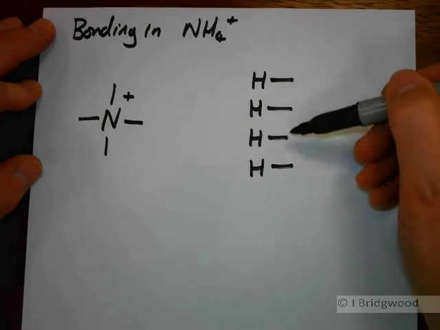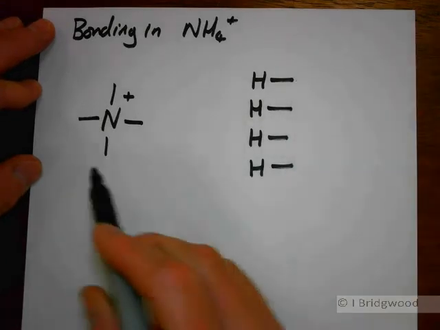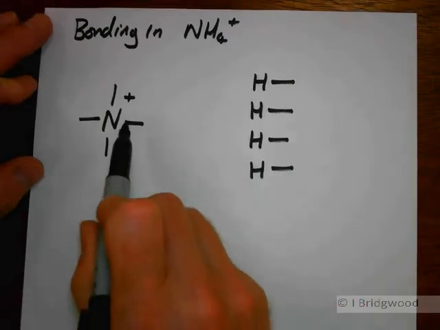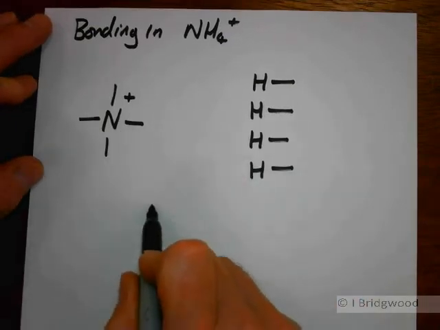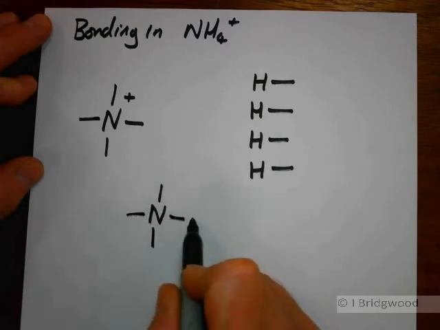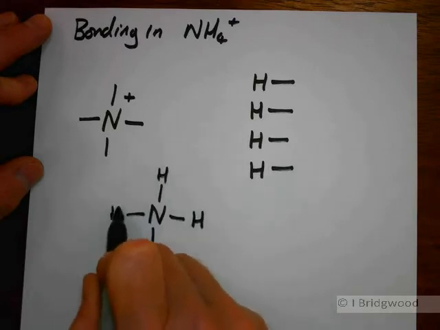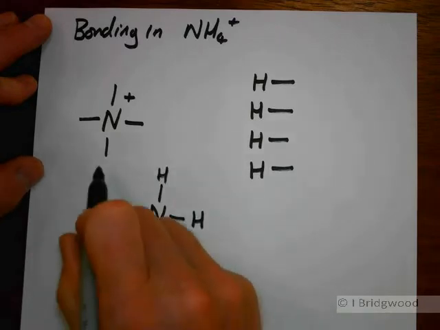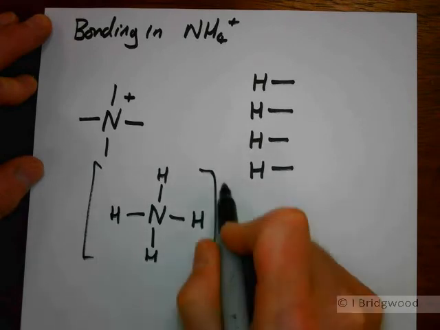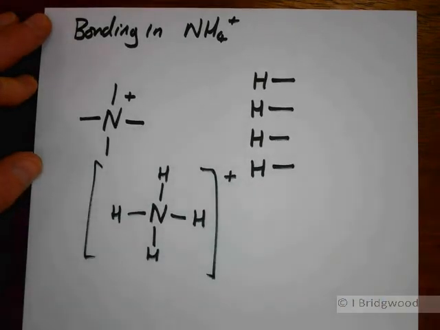So therefore it will form a single covalent bond, and therefore if we combine those, we can see that each hydrogen will latch on to a covalent bond with each of the nitrogen covalent bonds, and we will end up with NH4+ like that.